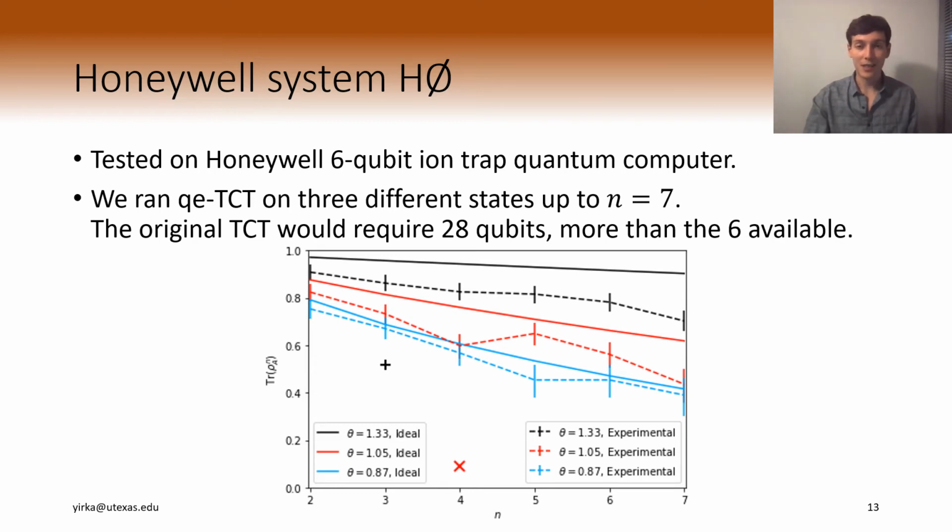And this is indicative of the fact that our qubit-efficient algorithms should enable spectroscopy of larger quantum systems than previously possible. The results are in the plot here, and although there's deviation between the ideal results, the solid lines, and the experimental results in the dashed lines, I'll note that all of the experimental results are ranked in the correct order from most entangled states to least entangled states.